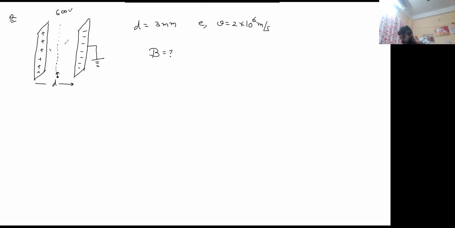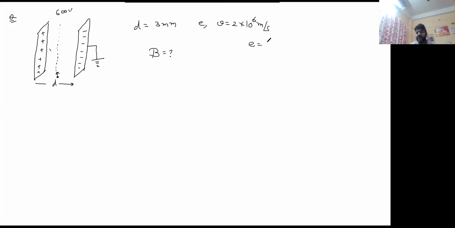Find the magnitude and direction of the magnetic field in the region between the condenser plates. The electron is projected parallel to the plates with a velocity and moves undeflected between the plates. Find the value of the magnetic field.